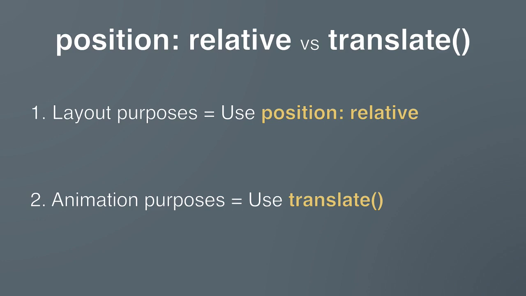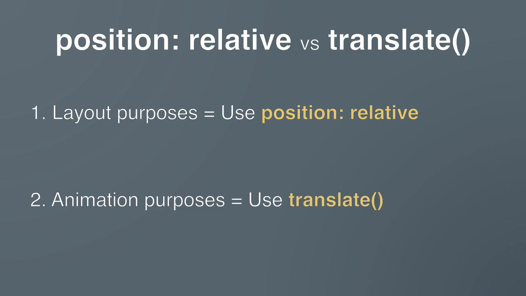It makes sense to use position relative in tandem with top, left, or bottom, right properties for layout purposes. Now, as we will learn in our next lesson, it makes sense to use transform translate when we are trying to animate or transition content from one position to another in a smooth fashion. Yes, you heard that correctly. We can use CSS to animate our content.